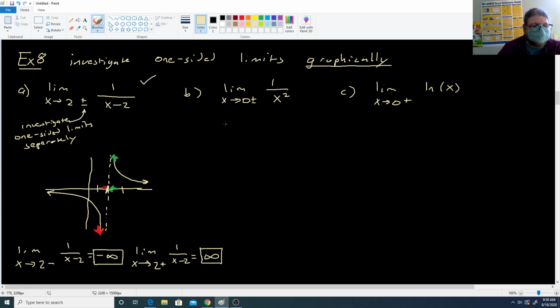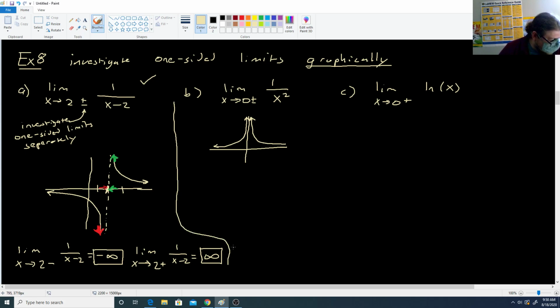Part B, 1 over x squared, its graph looks like this. Both sides curve upwards, and there's a vertical asymptote at 0. So the limit as x approaches 0 from the left of 1 over x squared.